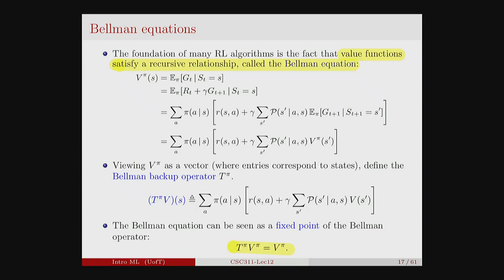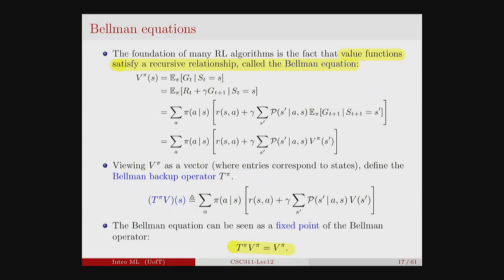And so one way to view v pi is as a vector. So v pi of S is just looking at one entry of that vector for state S. But you can imagine, like in the maze, you have a finite number of states. So you can view this thing as a vector. And when you view it as a vector, you can think of this operator as the Bellman backup operator.